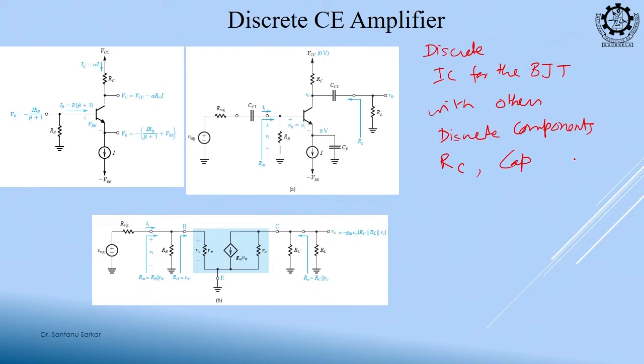So, all the components are separate and you are putting them together, are you doing the lab? In the breadboard, right. So, that is why it is called discrete, but if you have a complete IC, then all of this will be integrated.